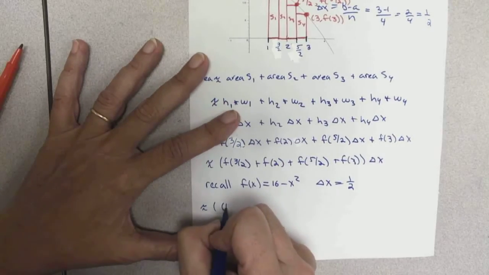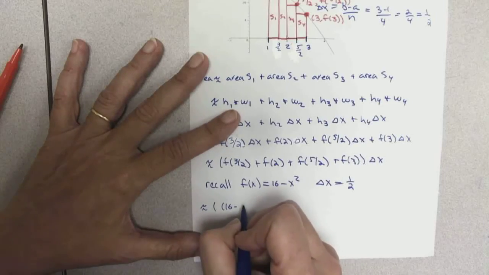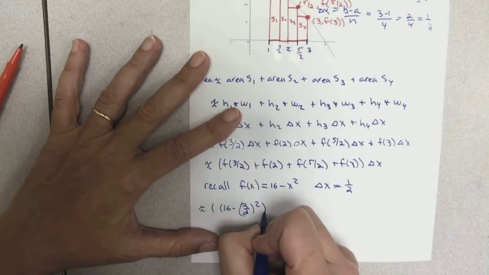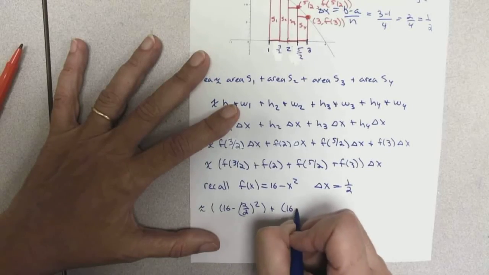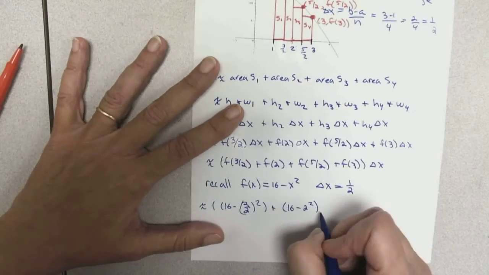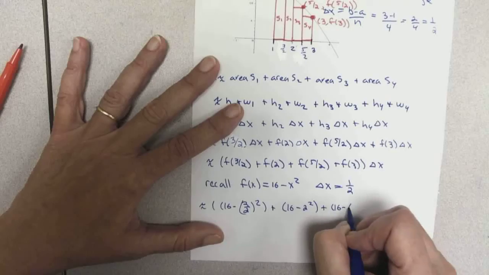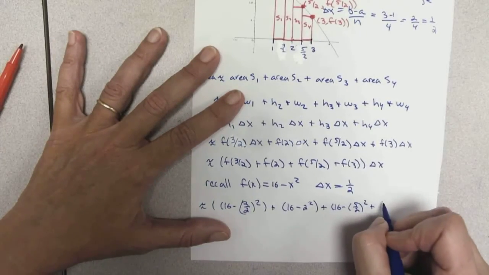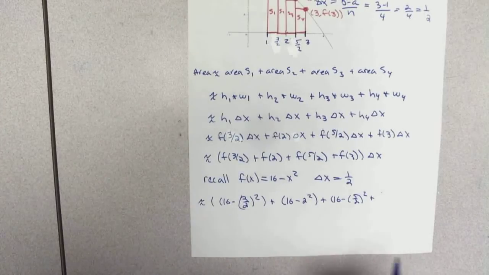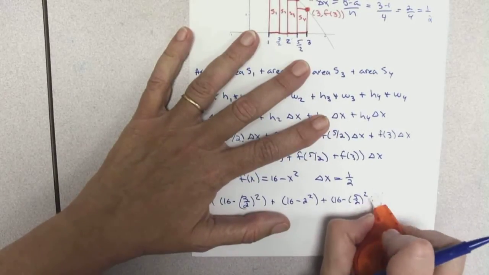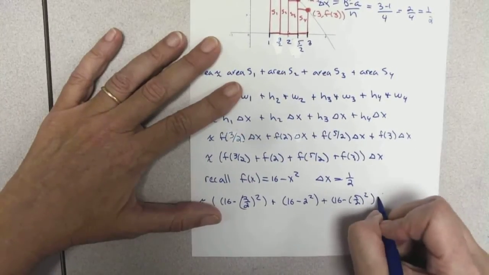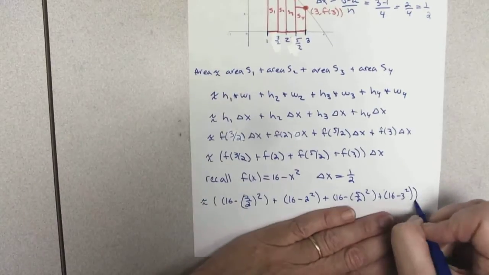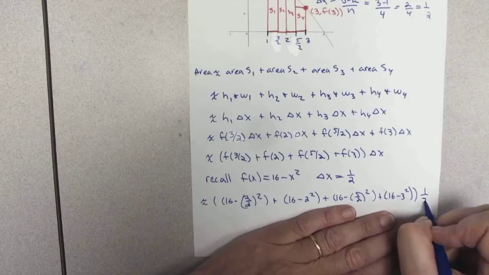So that's going to be 16 minus 3 halves squared plus 16 minus 2 squared plus 16 minus 5 halves squared plus 16 minus 3 squared, all times 1/2.